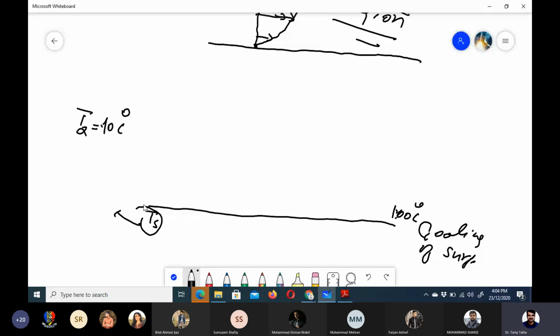So if I draw the temperature profile on this, the first layer would have 100 degrees. Then it would decrease a little bit, maybe to 90, 80, 70, 60, 50.